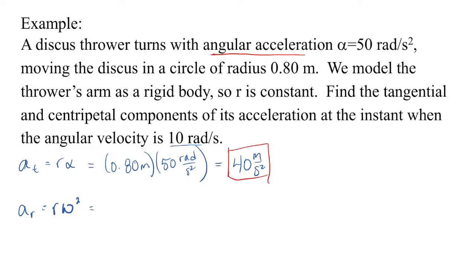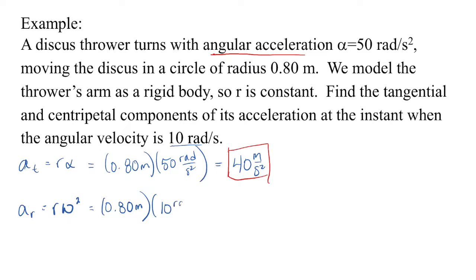That centripetal acceleration will be different depending on how fast it's going. So usually we want the velocity right as it would leave this person's hand or something like that. Okay, so there we go. That's our radius.